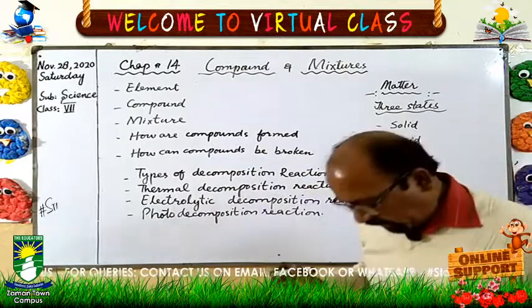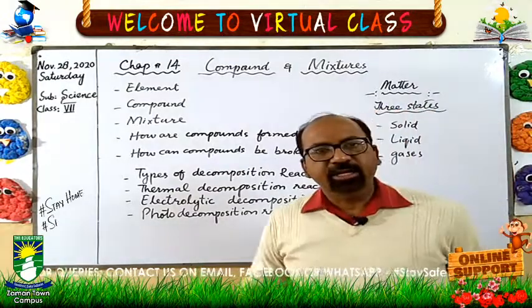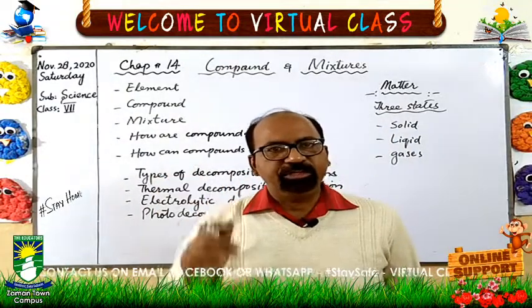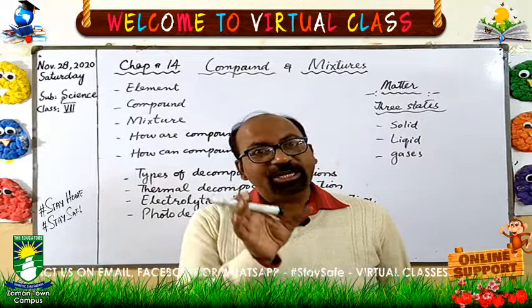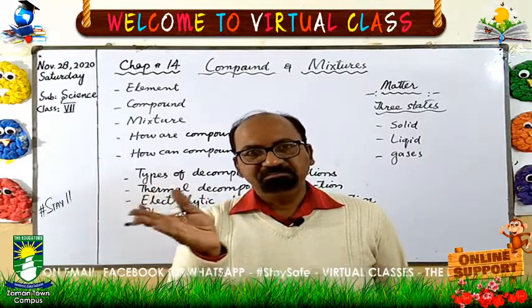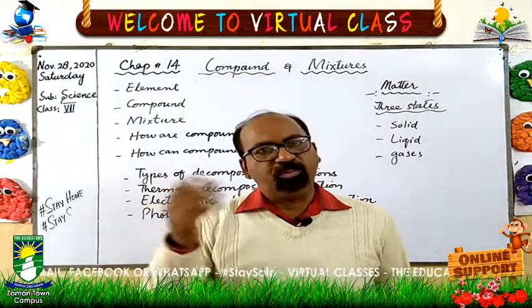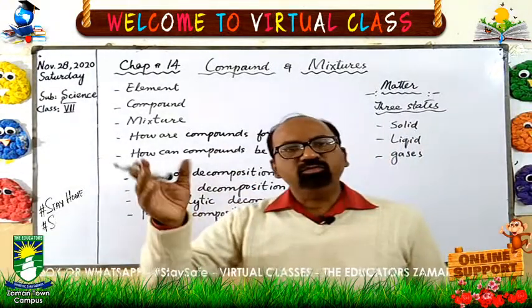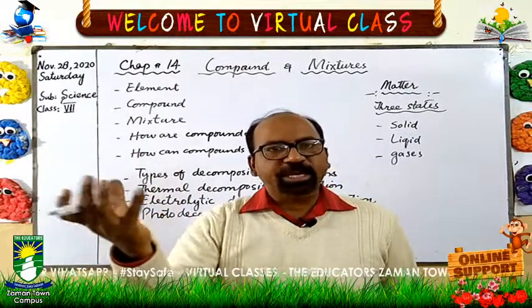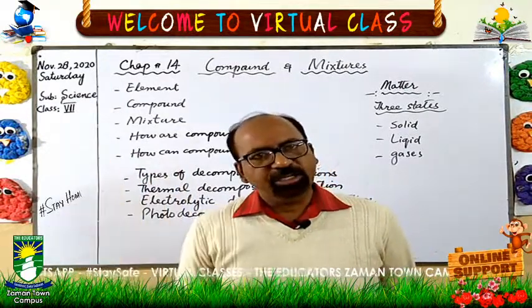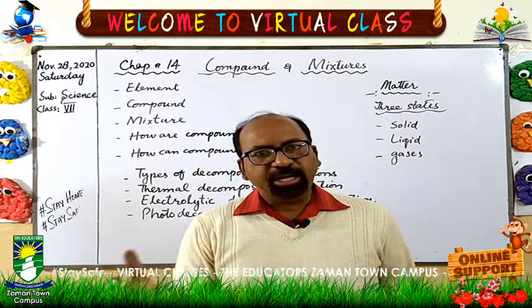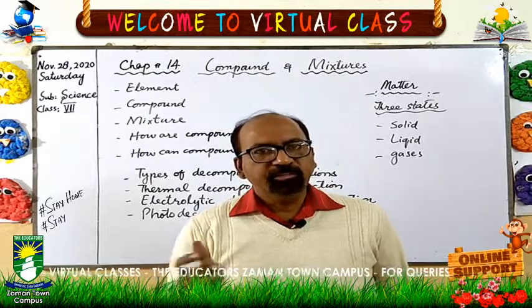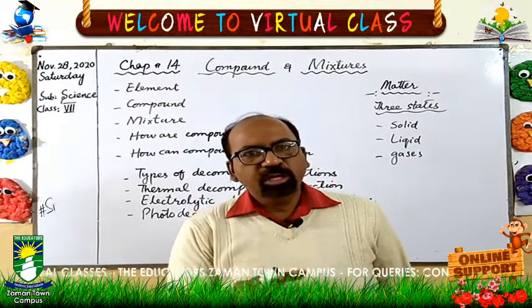We can easily understand the three states of matter by the example of water. For example, when we keep the water in the refrigerator, it changes its shape, but its particles and properties remain the same. It changes into solid. But when we take out the ice from the refrigerator, after some time it changes into water, that is liquid, means solid changes into liquid.